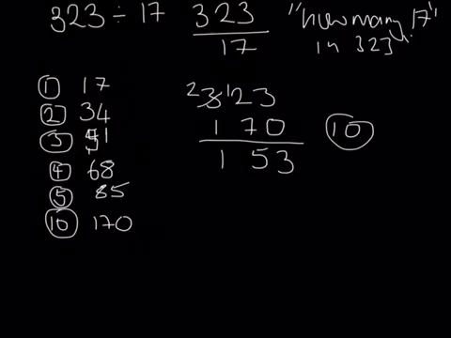Okay, right. Now then, 153. That's a shame. I can't get 170 into 153, I'm going to have to go smaller. The next smallest number I've got is 85. So let's write down 85. 85, we know, is 5 lots. There we go. So if I take 85 out of the 153, let's see what's left.